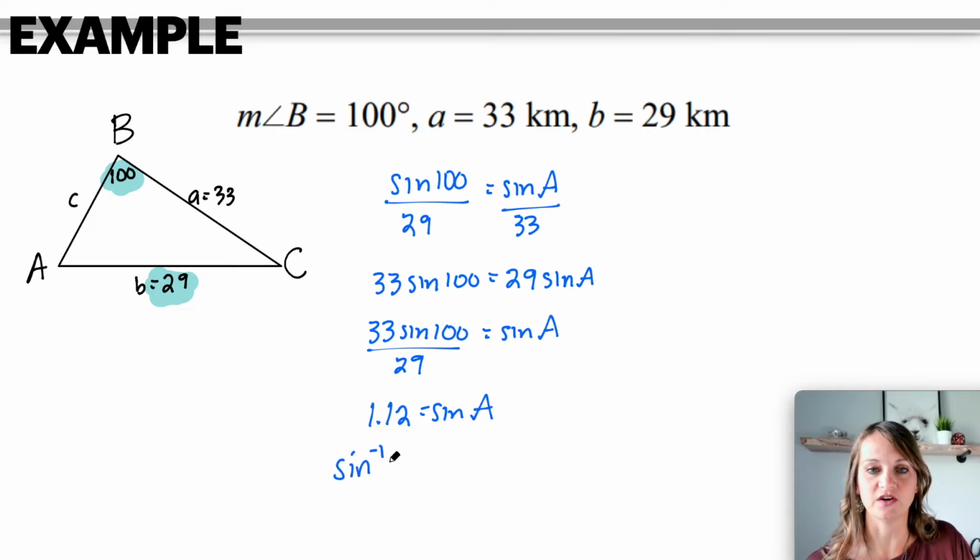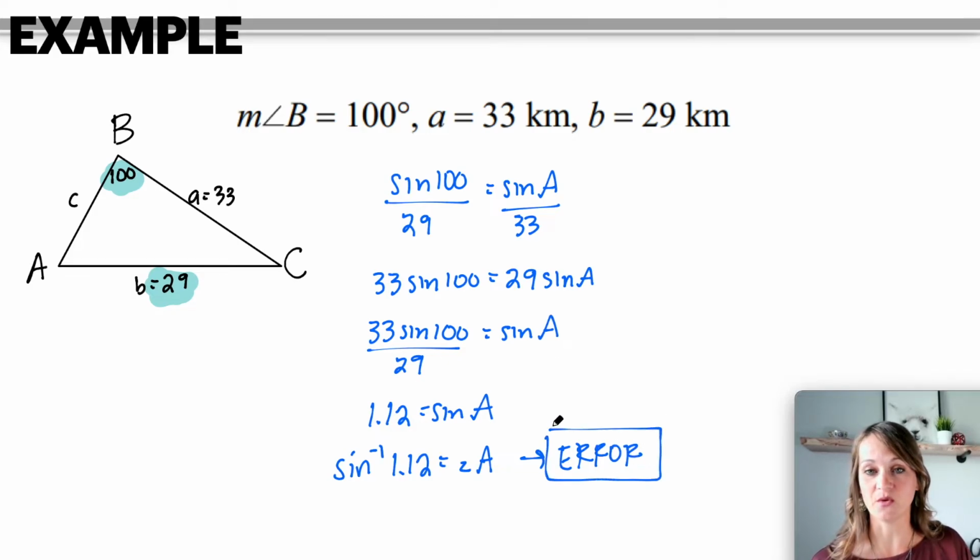So the inverse of 1.12, if you put that into the calculator, it is actually going to give you an error domain. And here is why.